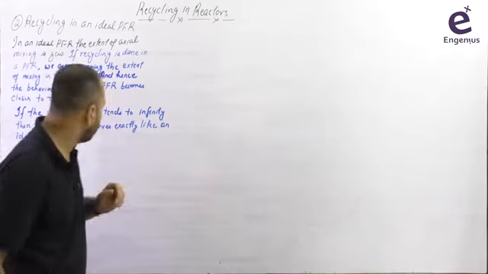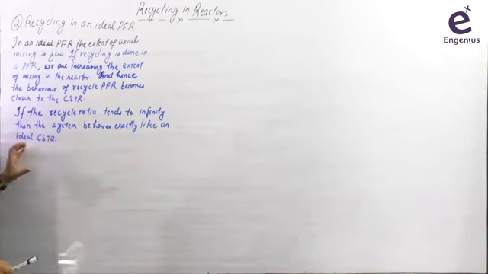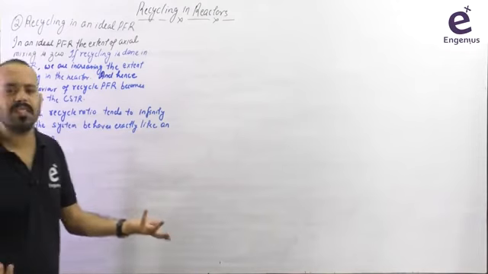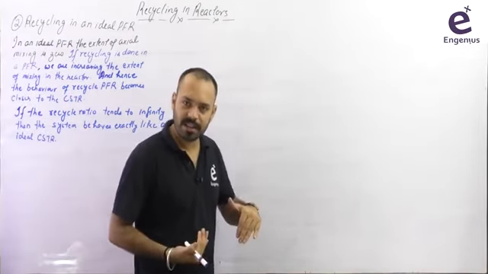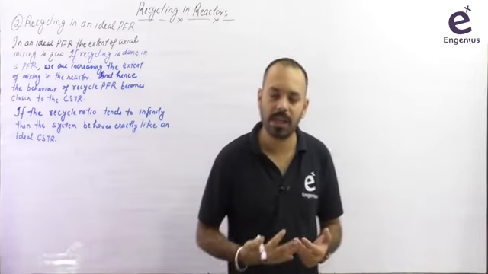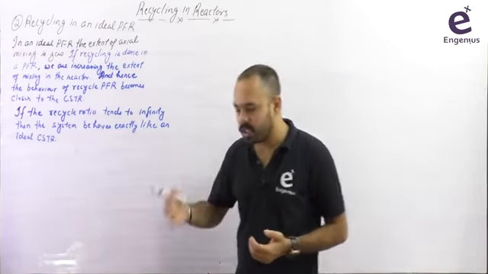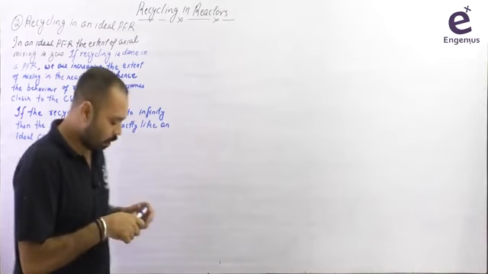That is one conclusion, that different performances of reactor means you want more CSTR behavior, less PFR behavior, or you want more PFR behavior, less CSTR behavior, all these combinations can be obtained by changing the recycle ratio. So you can write down that also.